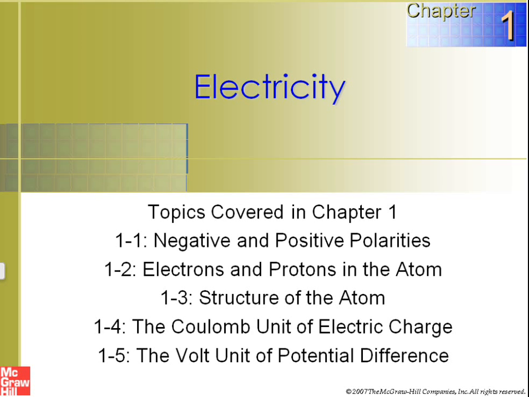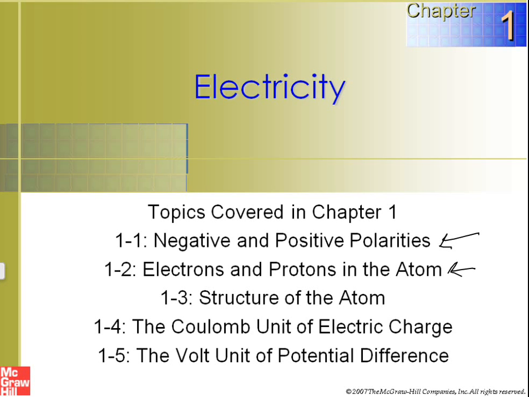Now, let's start talking a little bit about electricity, because this is DC circuits, and we can't have any DC circuits without electricity. So what we're going to talk about in this portion is negative and positive polarities.